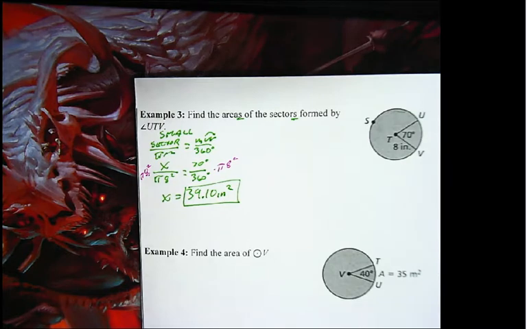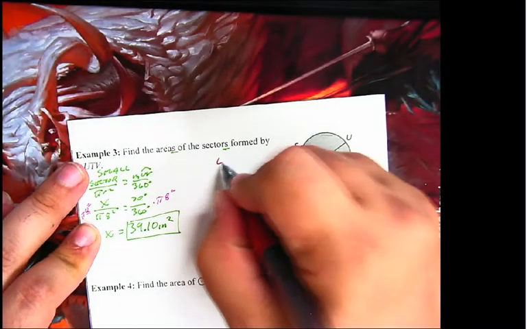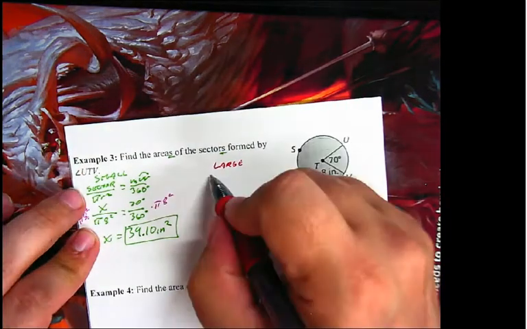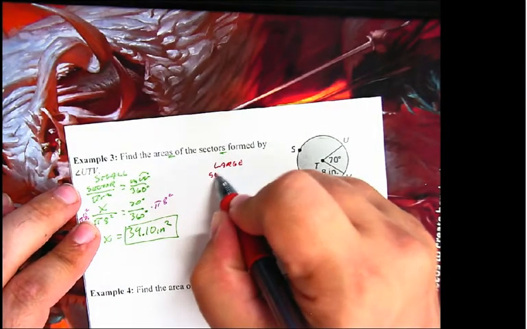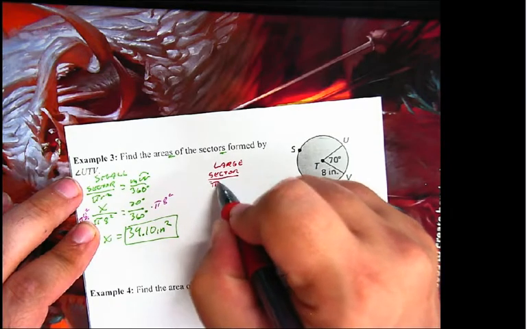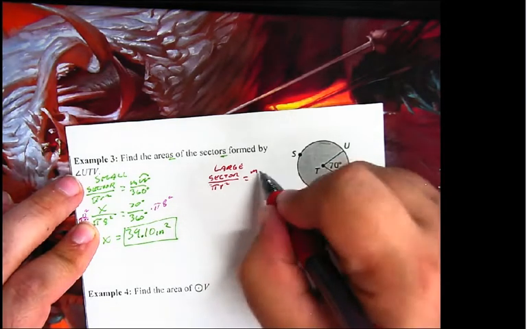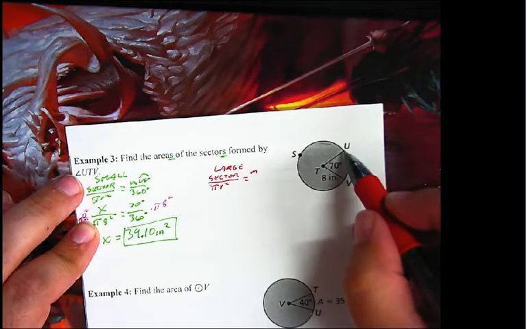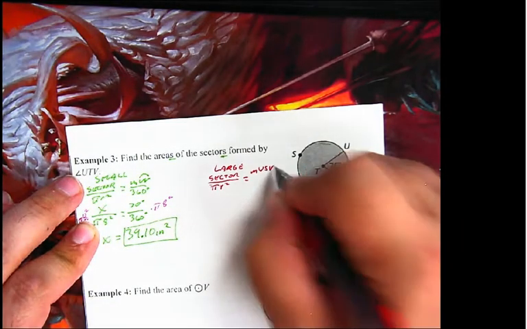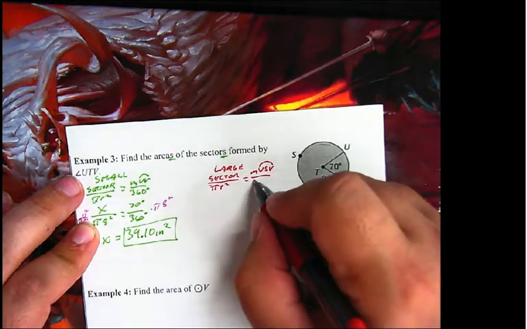All right. Now, let's find the area of the large sector. Large sector, again, our formula is the sector area divided by pi r squared, the area of the entire circle, equals the measure of the related arc, which in this case is arc USV, the entire thing, USV, over the measure of the entire circle, which is always going to be 360.